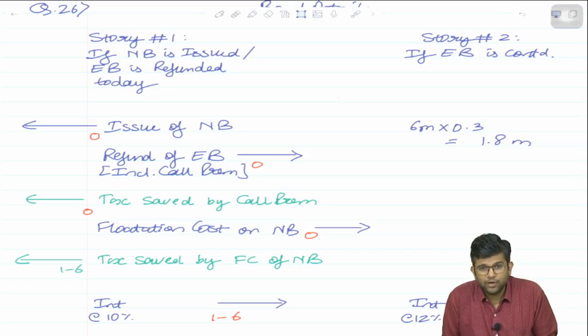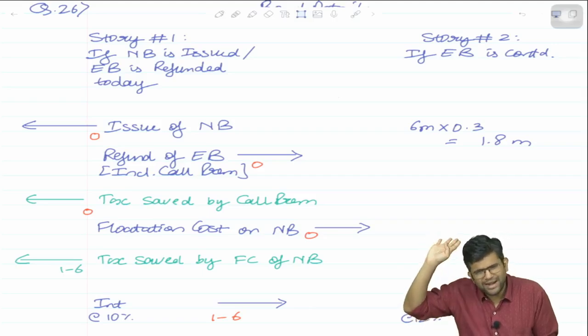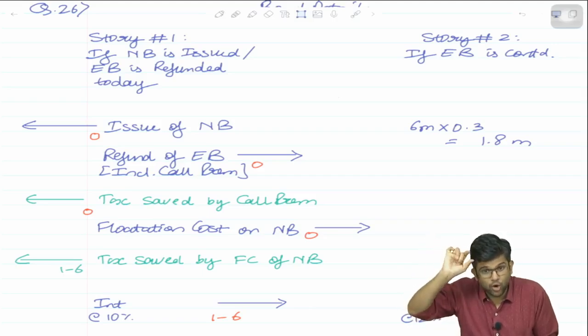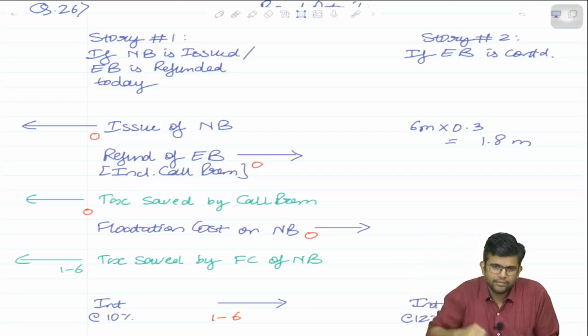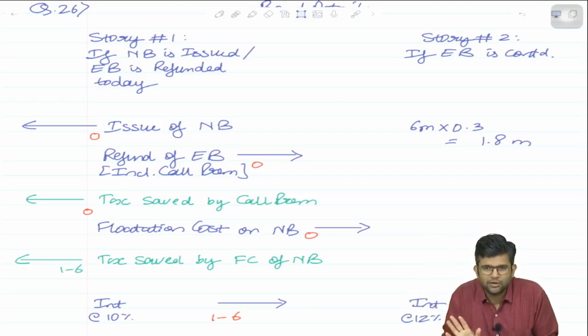That flotation cost as a cash outflow must have been shown in that year only. The flotation cost outflow, correct? It is a sunk cost for me today. Everyone clear now? For today it is a sunk cost. Everyone agreeing?